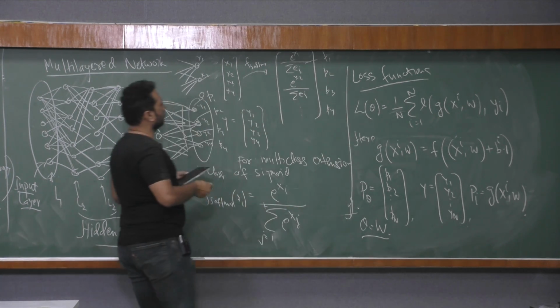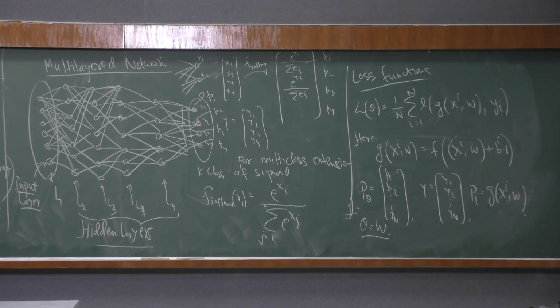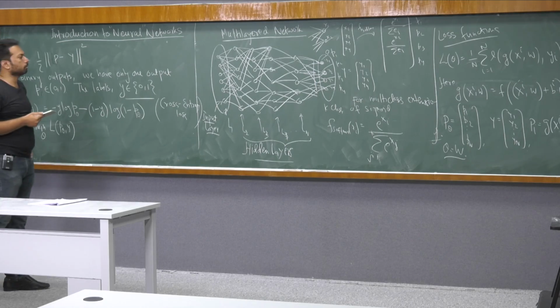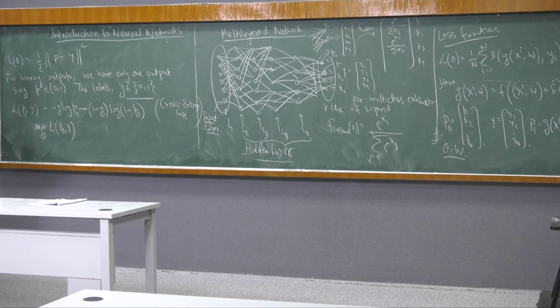As you can see, each of these values will be between 0 and 1, because we are dividing the numerator by the sum of the exponentials. This normalization essentially ensures that this becomes a probability distribution. So it's between 0 and 1, and if I sum over all of these, it does sum to 1.